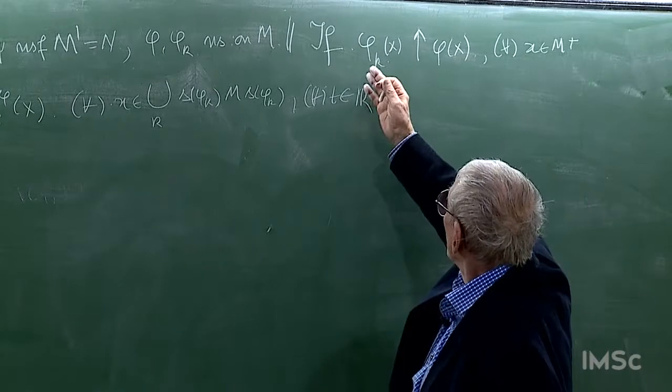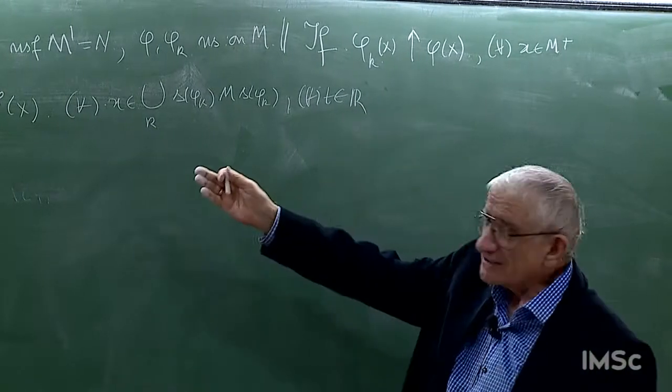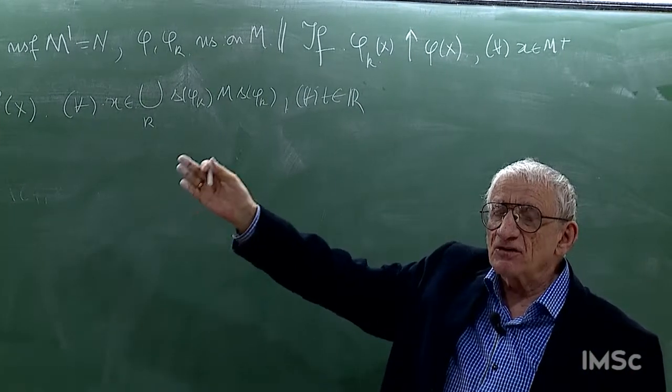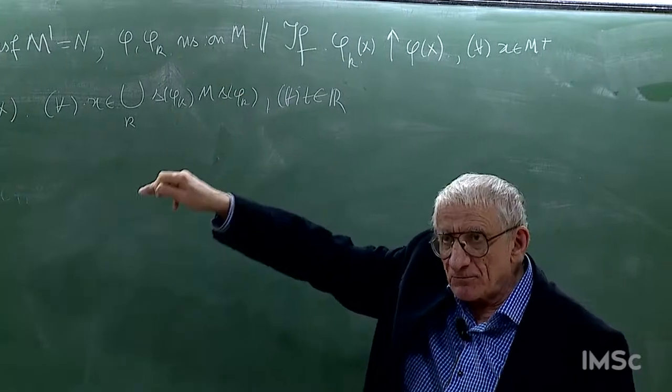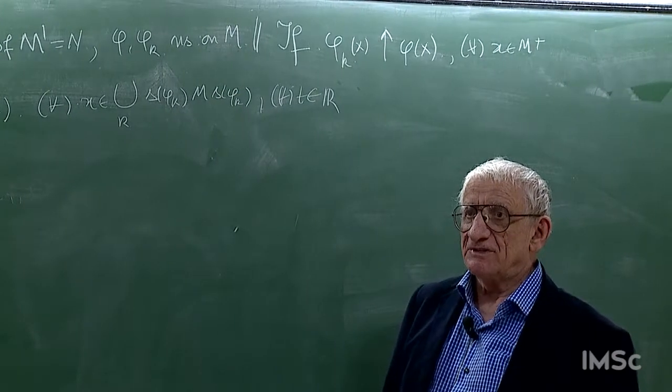Here you have a convergence of the weights, and here you have what it means for the modular automorphism group.